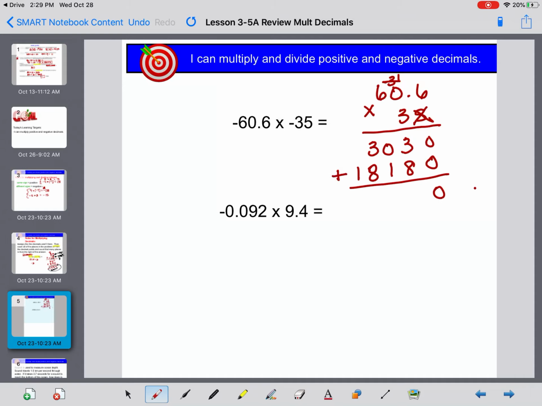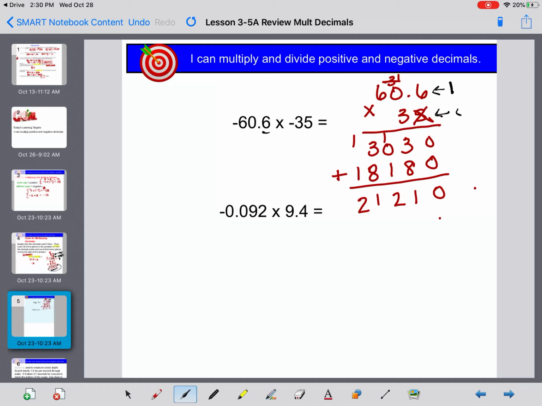Now I'm ready to add these together. 8 plus 3 is 11. 1 plus 1 is 2. 8 plus 3 is 11. Carry the 1. 1 plus 1 is 2. Now I go back to my problem and I say, how many places are there after the decimal point?